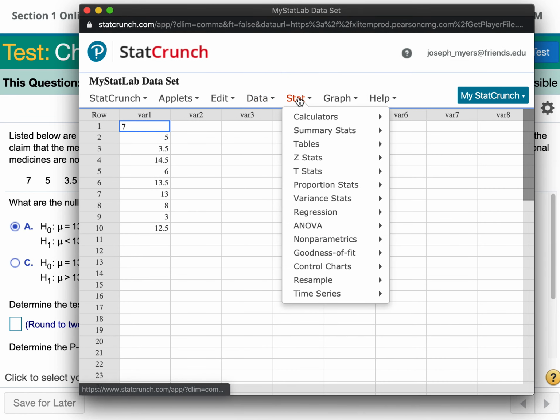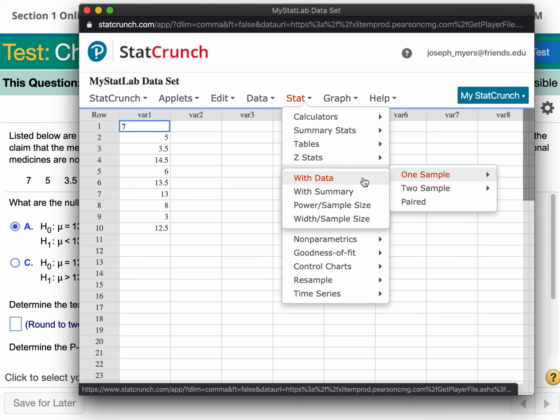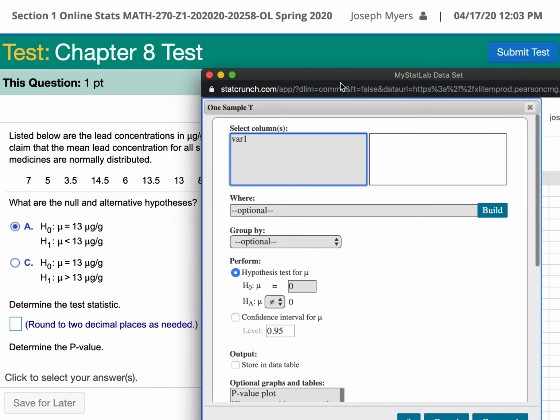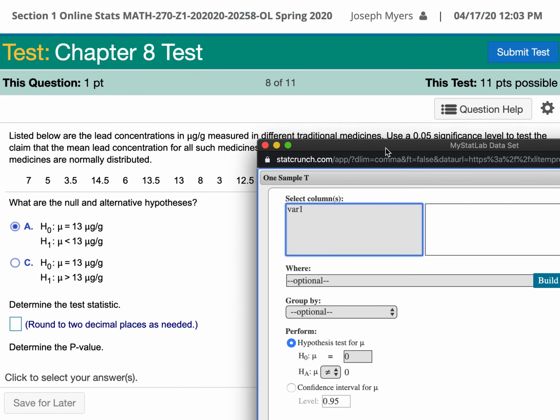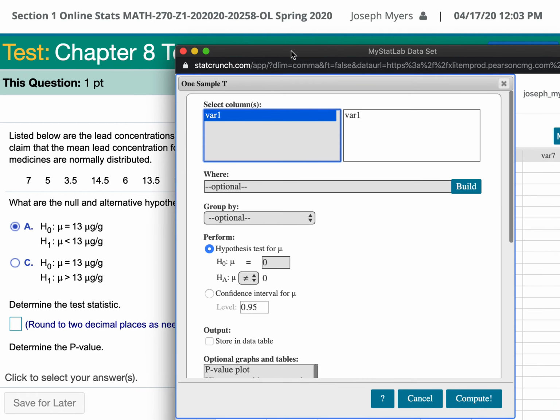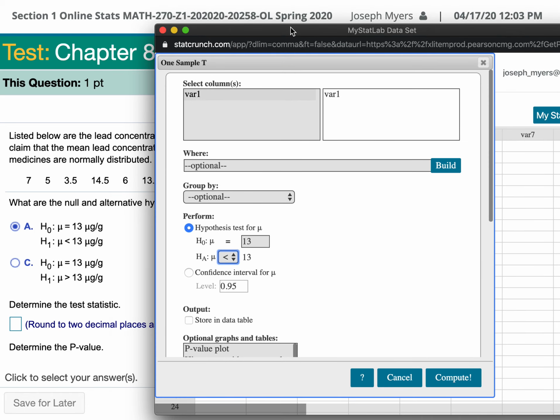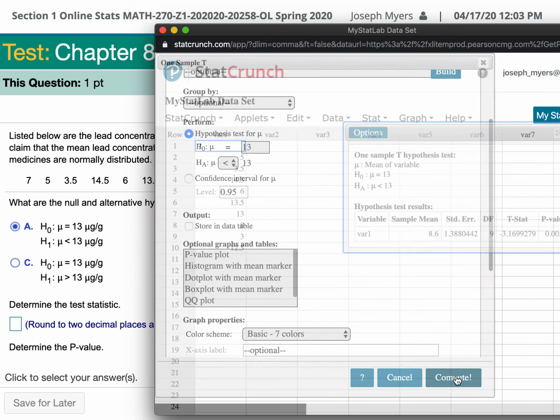Then you're going to do Stat, T Stats, One Sample, With Data, and you're going to choose the column variable 1, and then you're going to choose the null hypothesis, the mean equals 13, and the alternative is that it's less than 13, because that's just what the problem asked. It says to test the claim that the mean concentration is less than 13. So there we go. And then we'll click compute.